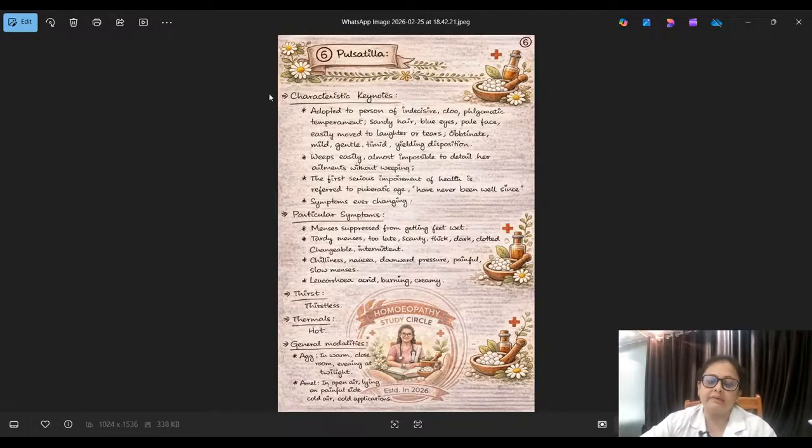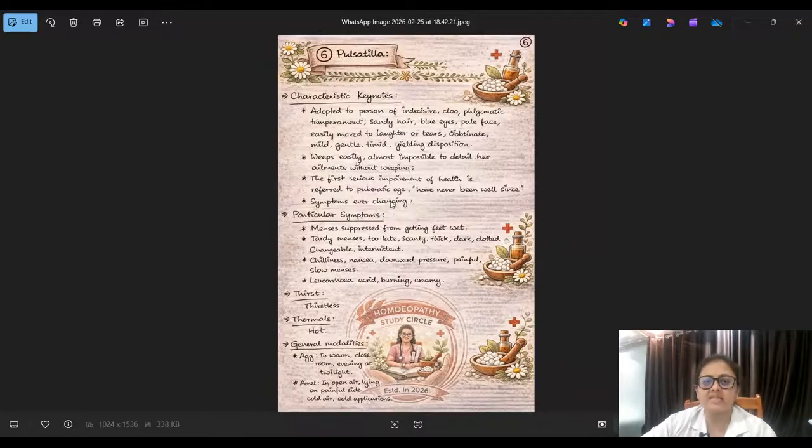Even in the repertory, you see ailments after puberty, or menses irregular from puberty. Even if she had menarche 10-12 years ago, she'll have problems with menses. From then only it has started, from menarche only. So that is pulsatilla.